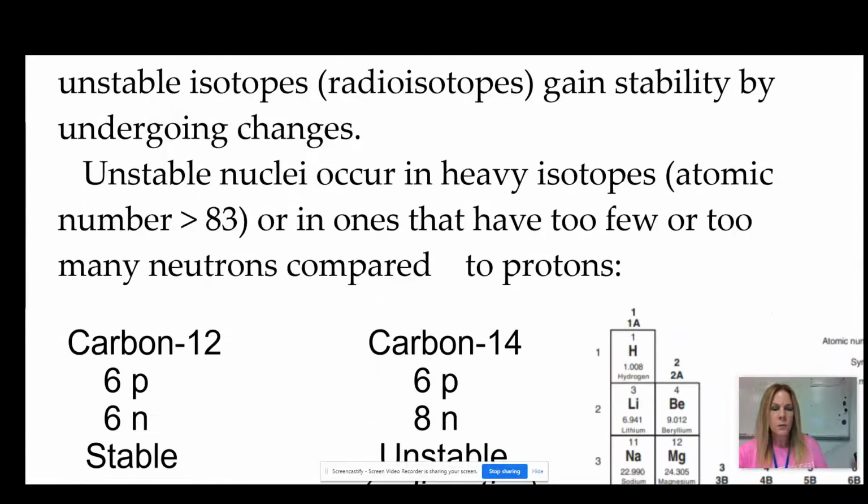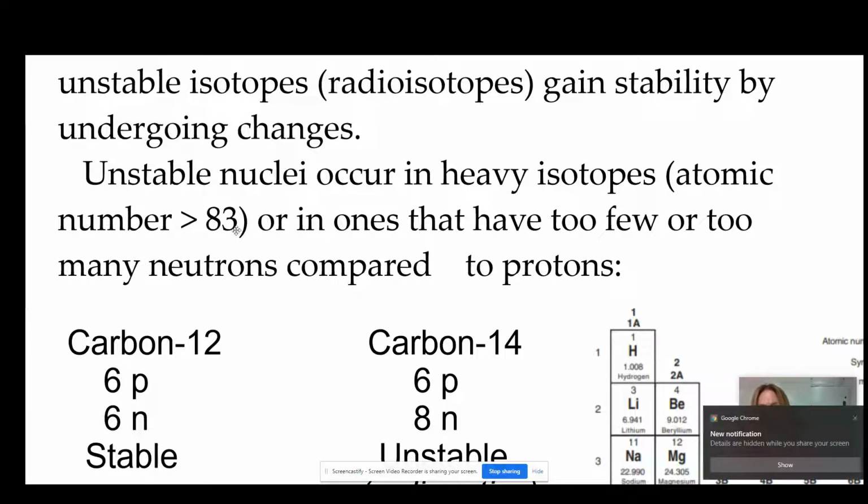Unstable nuclei happen when they're just too big. You try to cram a bunch of protons and neutrons in such a small little area called the nucleus, they don't want to be there because it's just too dense. Heavy nuclei would be anything greater than atomic number 83.